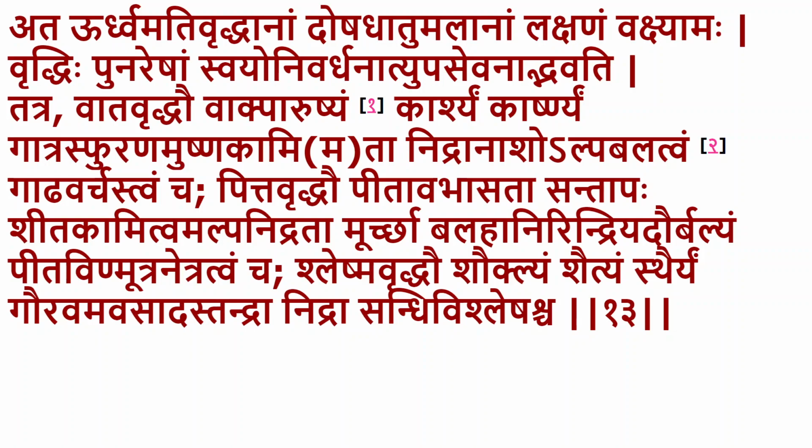That kind of issue is the main part of the discussion in the coming sessions. Murcha, balahanihi, indriya daurbalyam: there could be impaired consciousness, reduced physical strength, and the sensory perception could be abnormal.